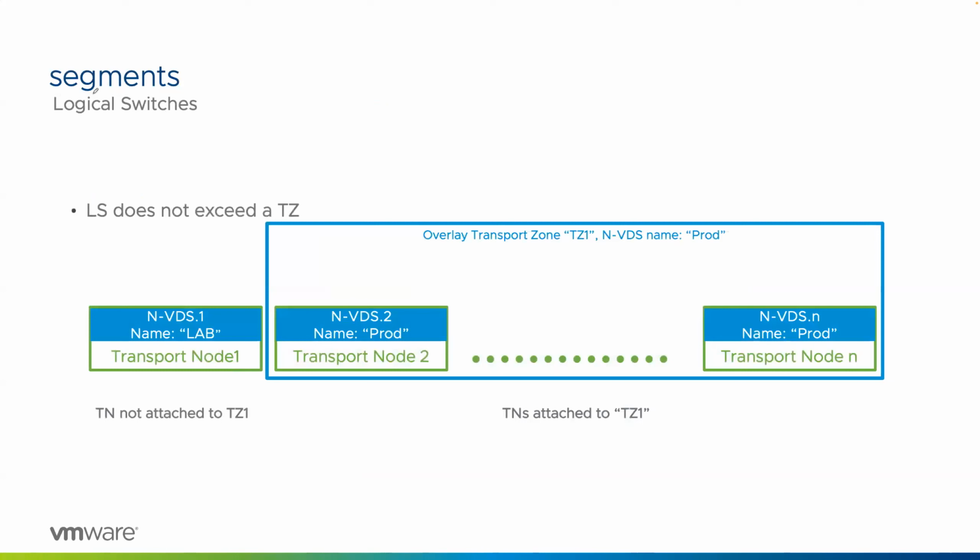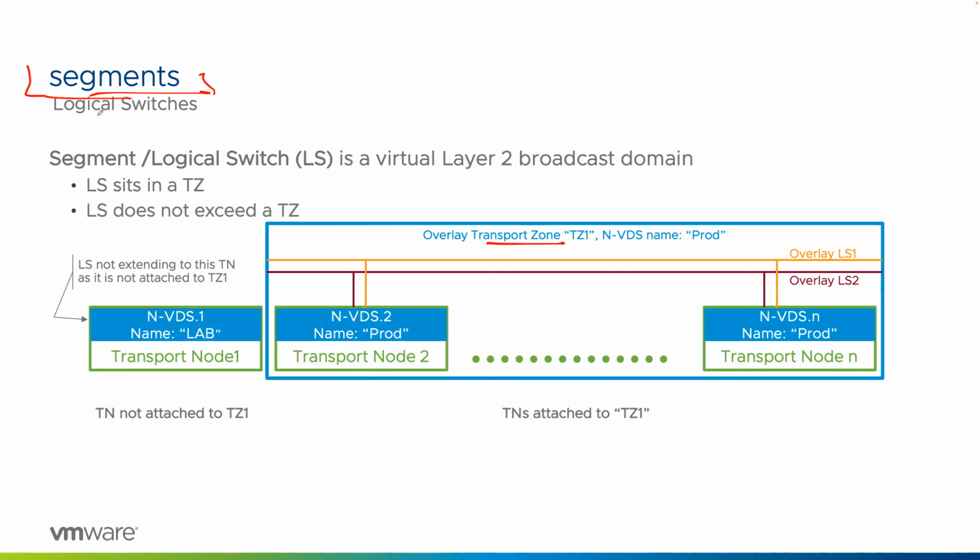So let's talk about segments. We already saw what a TZ is. Within the TZ territory, we can create a segment. A segment, formerly known as a logical switch, is analogous to a VLAN subnet, roughly.